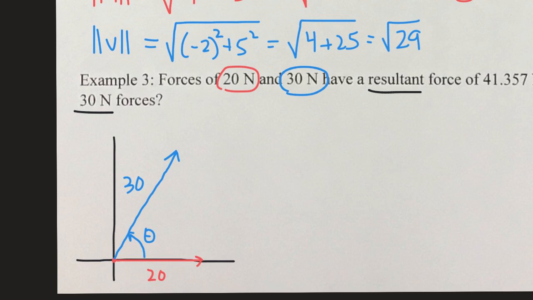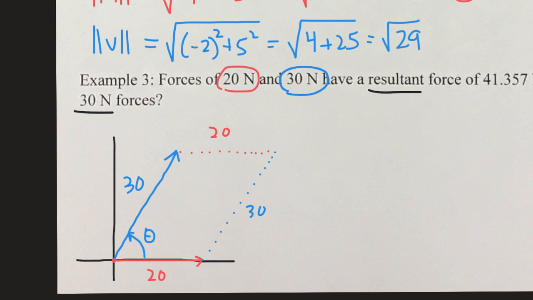Now, in order to find our resultant, because we have to put that in our picture too, we make a parallelogram. The resultant is the diagonal of the parallelogram created by your two force vectors. Right, so we have the top vector, which would be the 20 of the parallelogram, and the 30 over here, because a parallelogram has opposite sides that are equal and have the same slope.